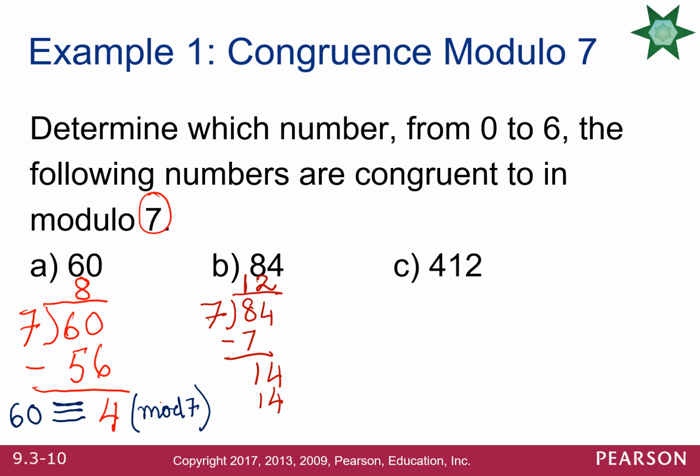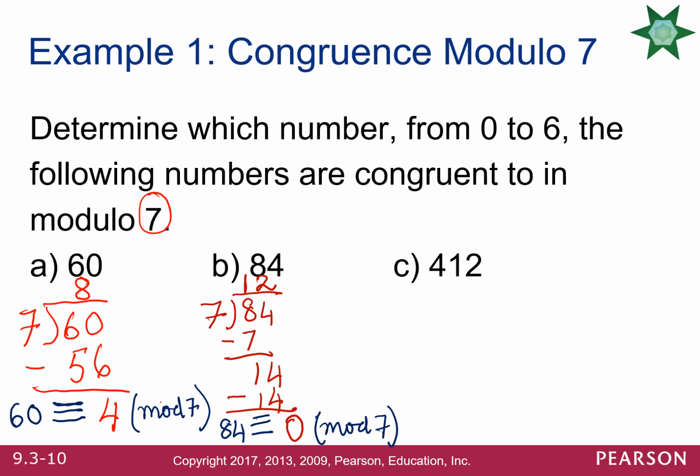So bring the 14 here. What is the remainder? Remainder is 0, correct? So the answer here is the value of the remainder, which in this case is 0, and we write the final answer as 84 is congruent to 0, and then of course the mod 7.